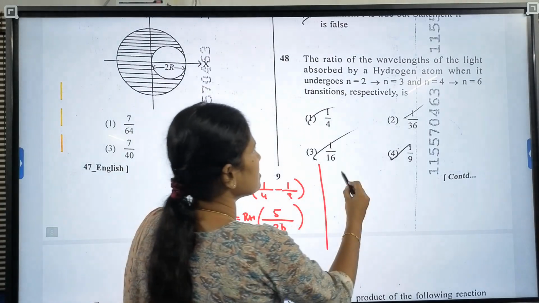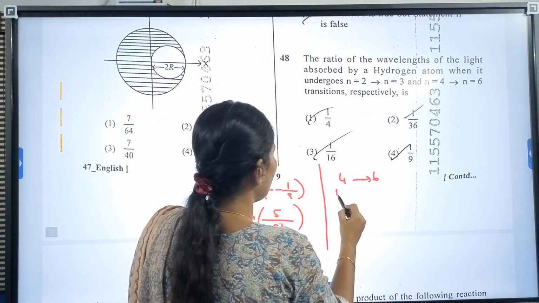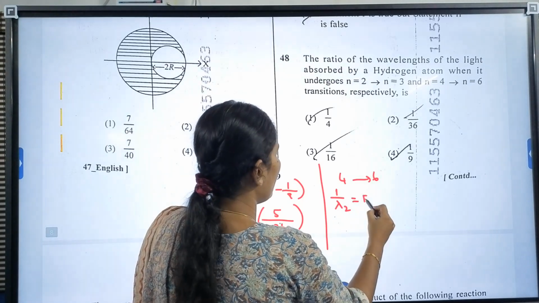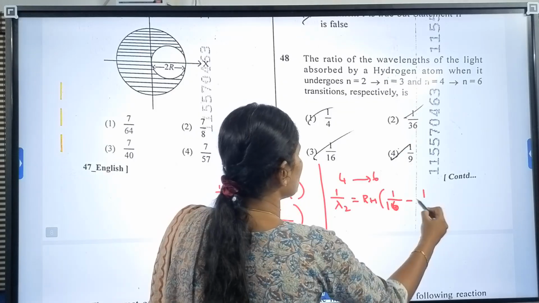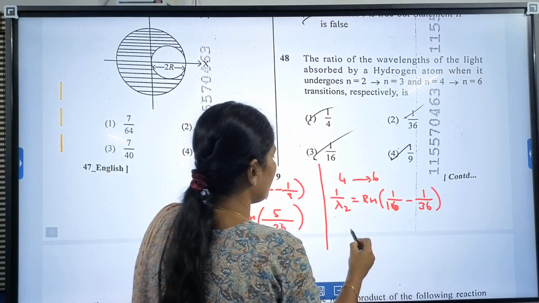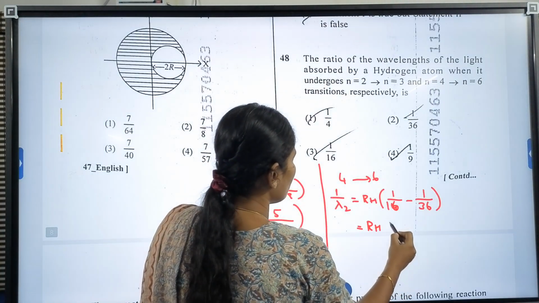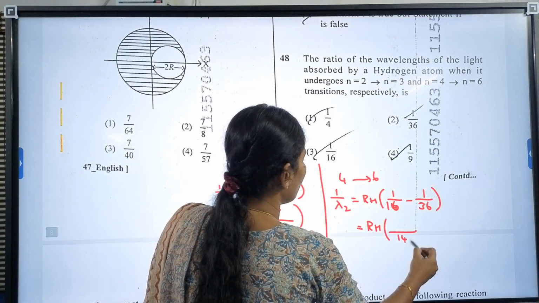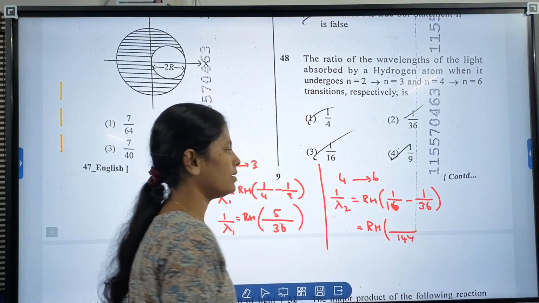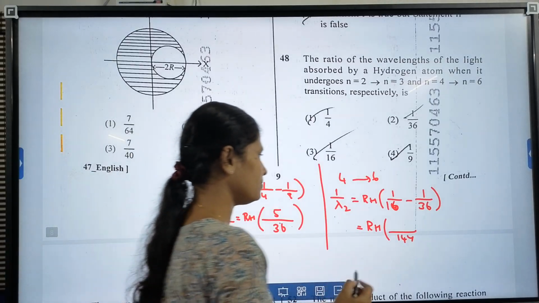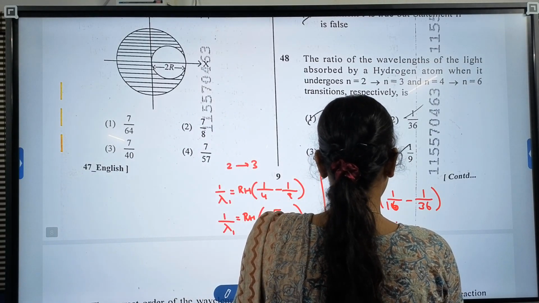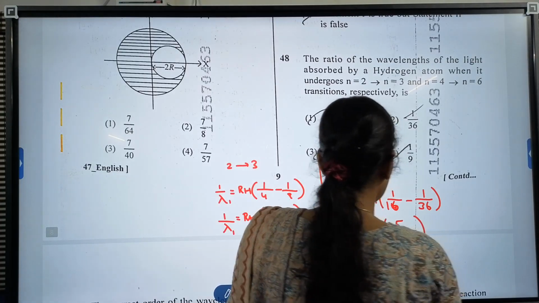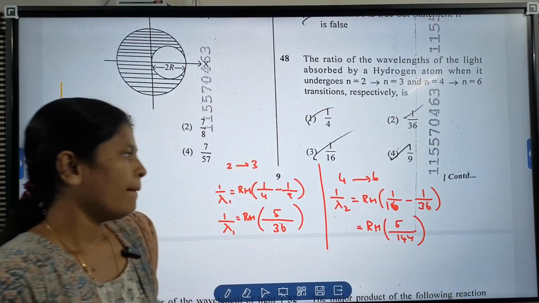So the next case is 4 to 6. There it is RH times 1 by 16 minus 1 by 36. So here RH we can take 144 in the denominator. Here it will be 5. So 36, right?